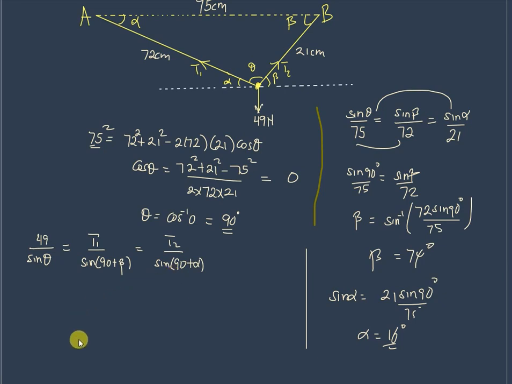And now theta, remember theta is 90, so we have that T1 divided by cosine of beta. That is from trigonometry. The sine of 90 plus beta is the same as the cosine of beta, is equal to 49. So we have that T1 is equal to 49 times the cosine of beta, which we got as 74 degrees.